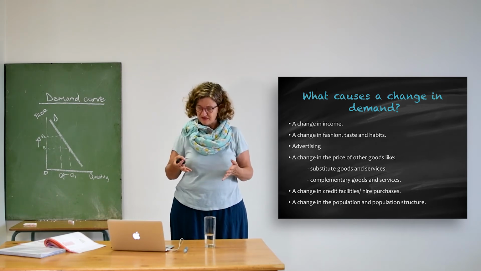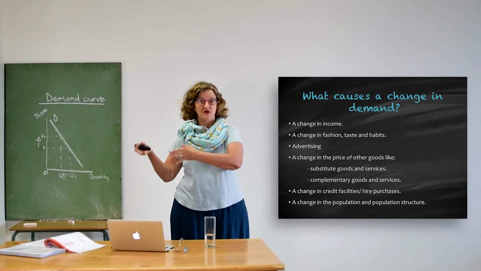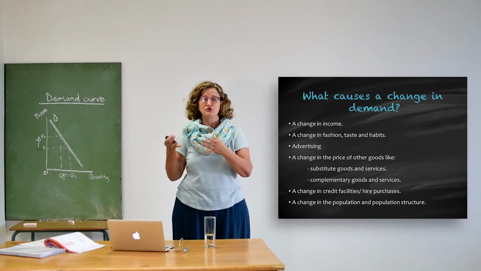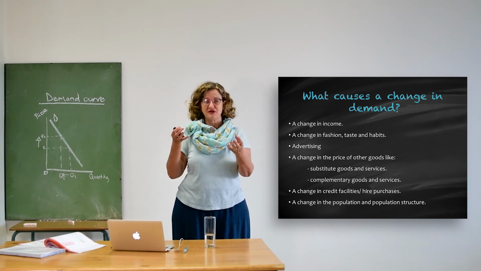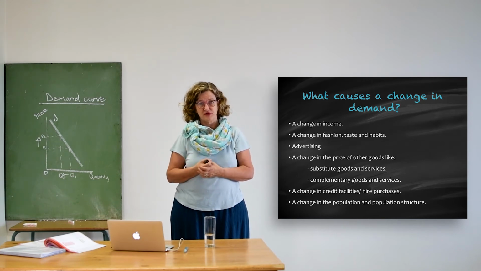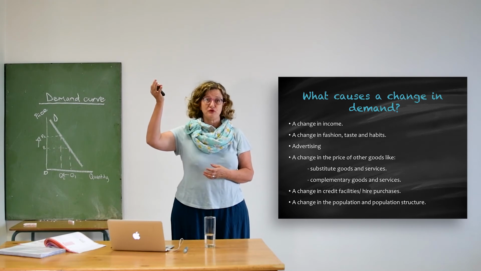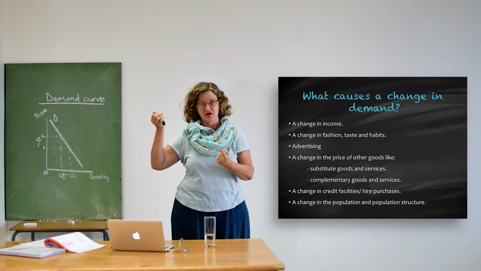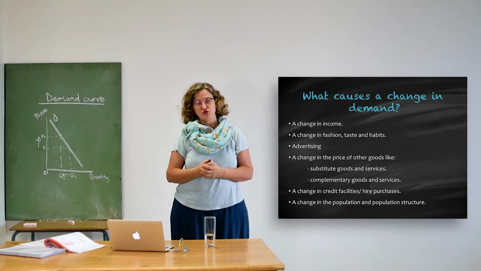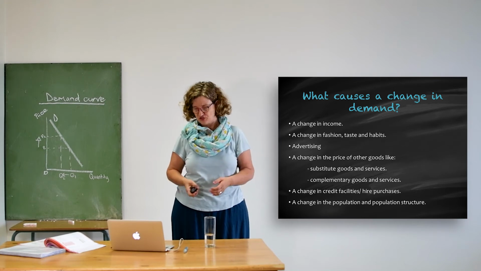Or your car has fuel, and you can't use the car without the fuel. So fuel and the car are complementary products. So if the price of fuel increases, you will use your car less, or you will buy fewer cars and rather make use of public transport or taxis and so forth.